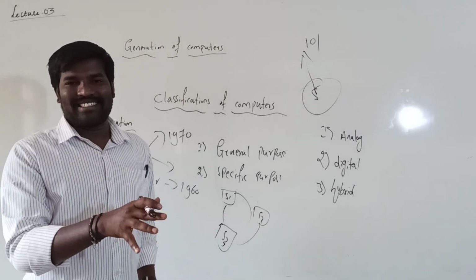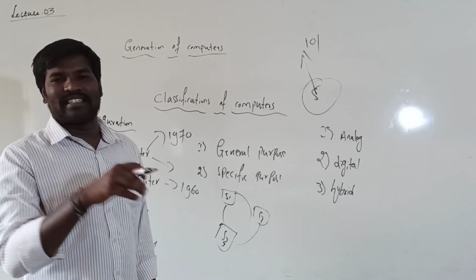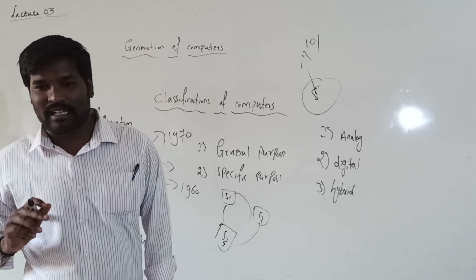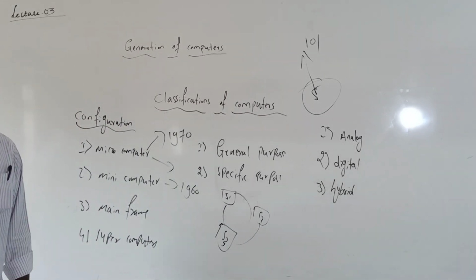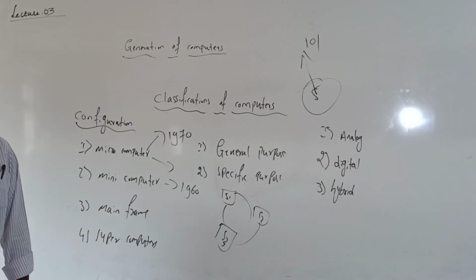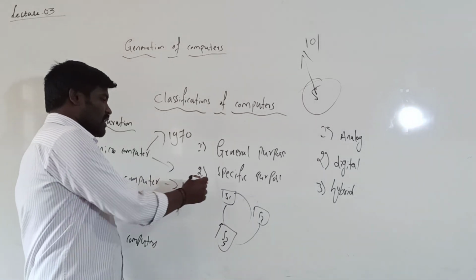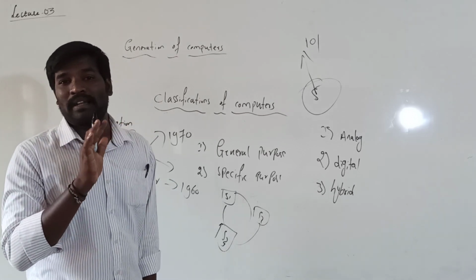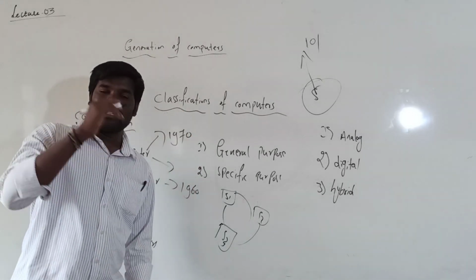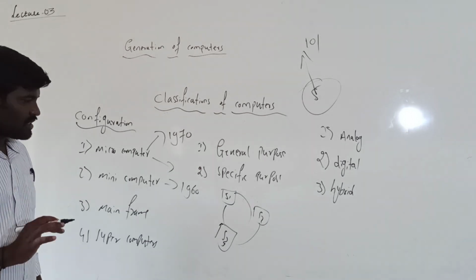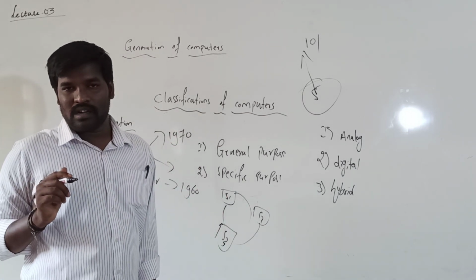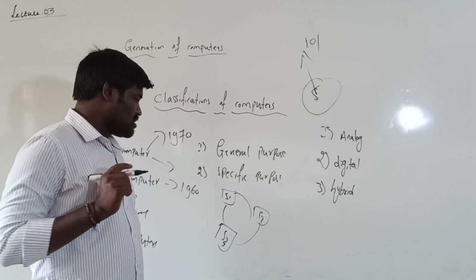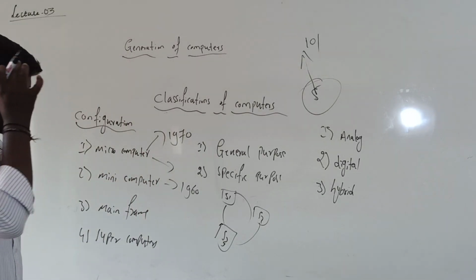Wherever you sit, you can easily get another system's data. But the systems are not independent, because one acts as the main system and the remaining are subsystems. Clear? That is nothing but the minicomputer.